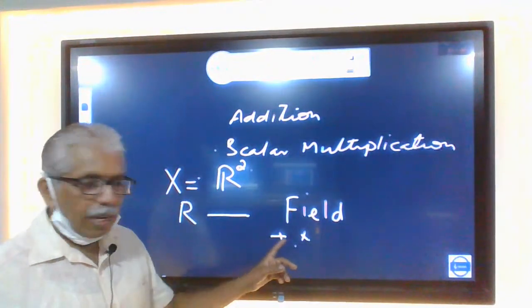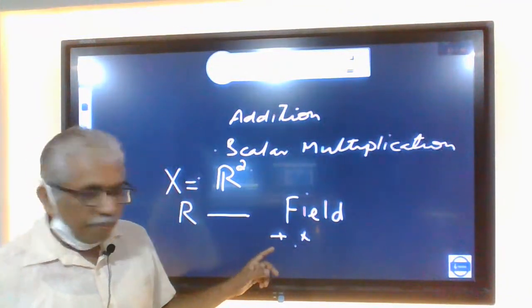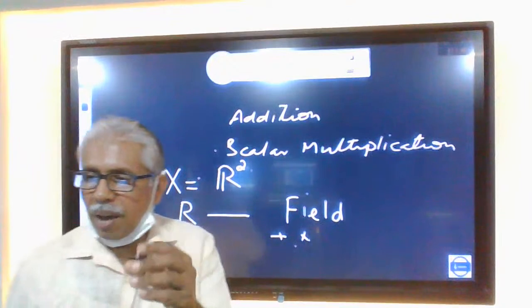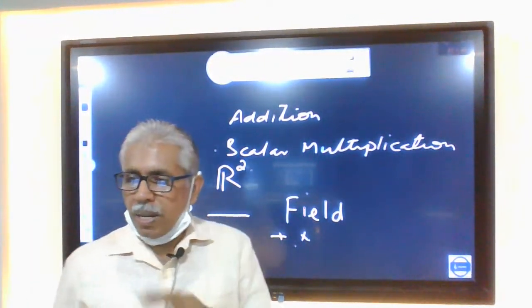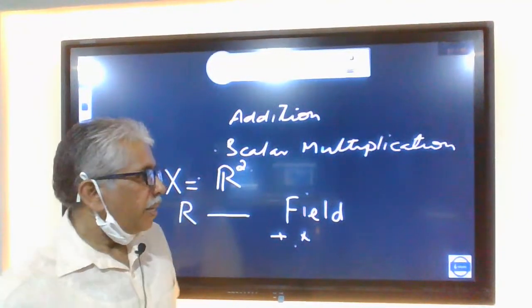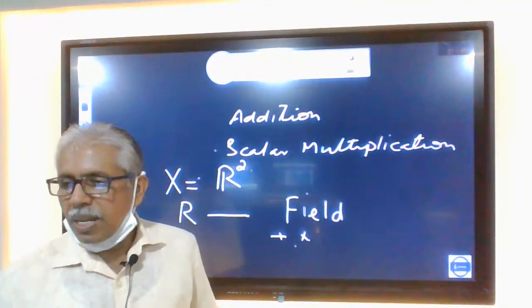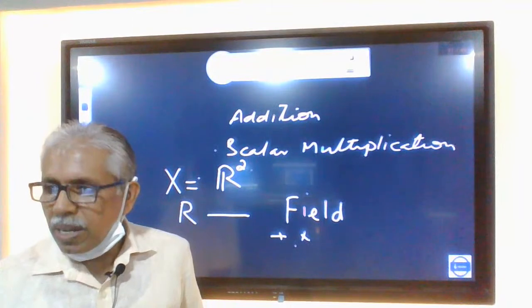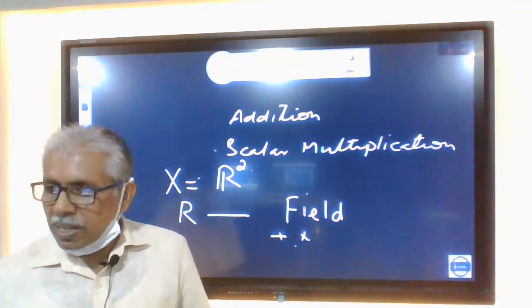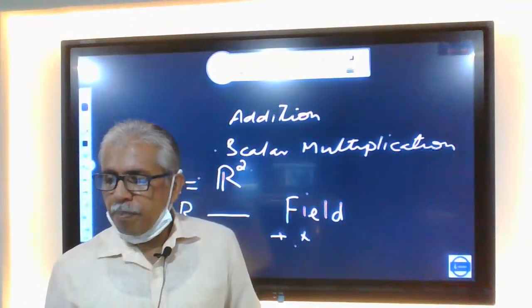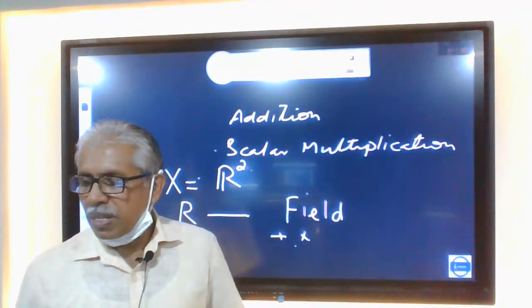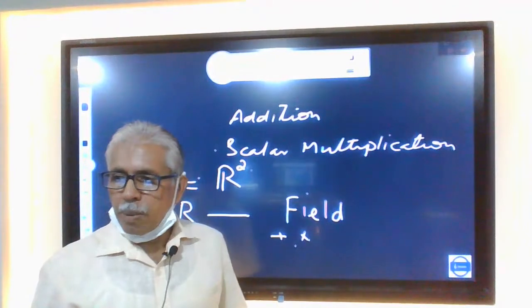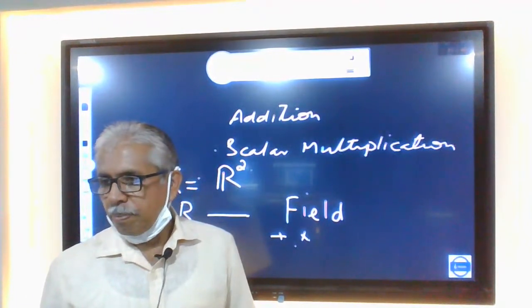With respect to addition, you have the commutative property, associative property, x plus y plus z equal to x plus y plus z, existence of additive identity, existence of additive inverse for every x, minus x, and commutative property, x plus y equal to y plus x.